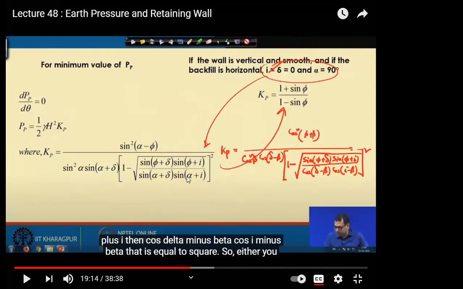Try to note down these expressions so that you can solve a problem. Right.